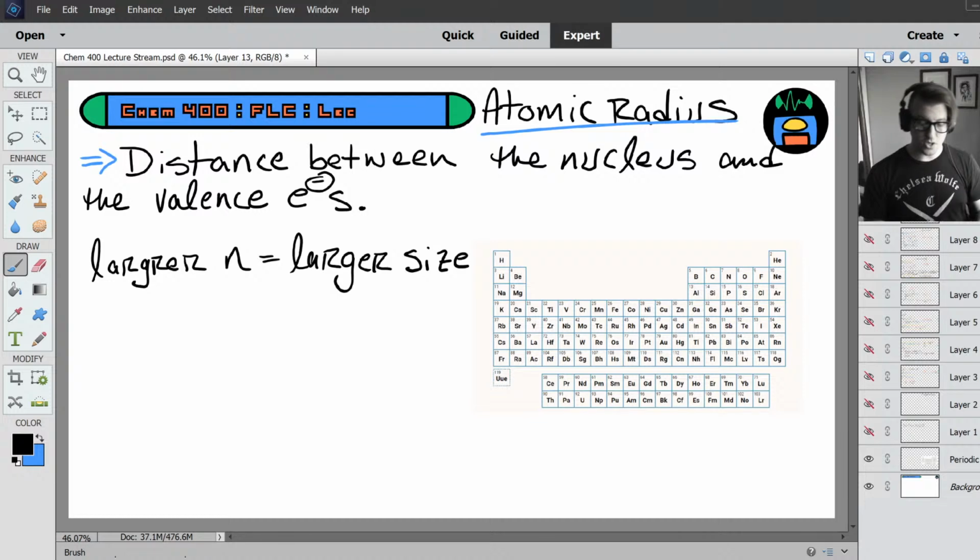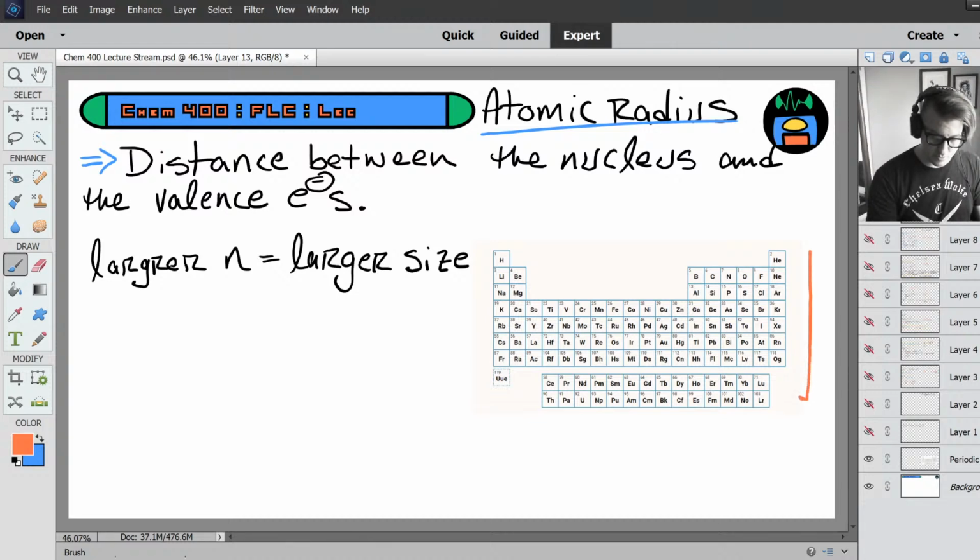So it should come as no surprise then that as you move from the top of the periodic table to the bottom, the atomic size, atomic radius increases. The lower down on the periodic table you are, the bigger you are.